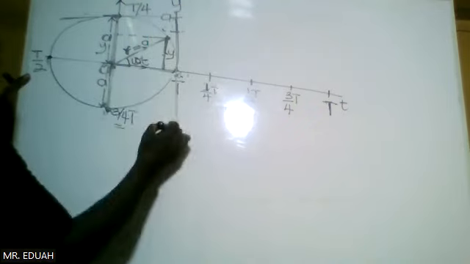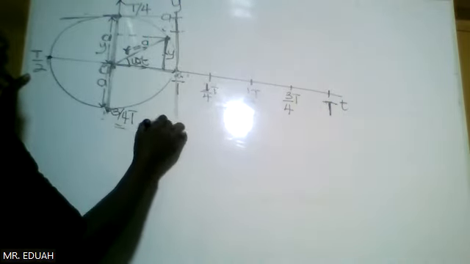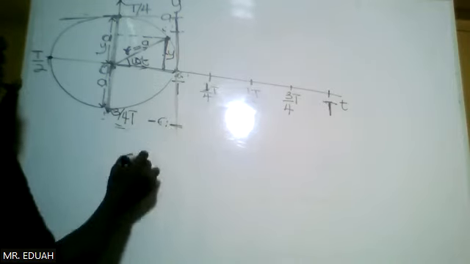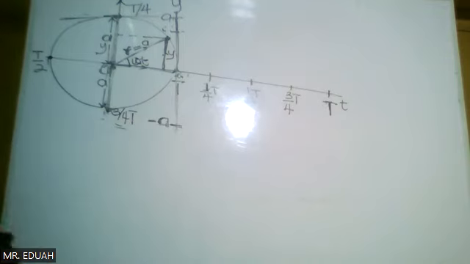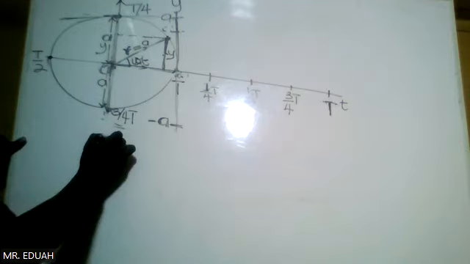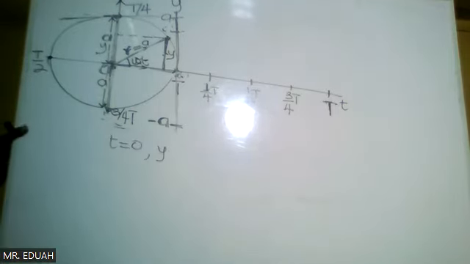So this is A. Then this is negative A. Now, just as we looked at, when t is equal to 0, what is y? At t equal to 0, what did we get for y?